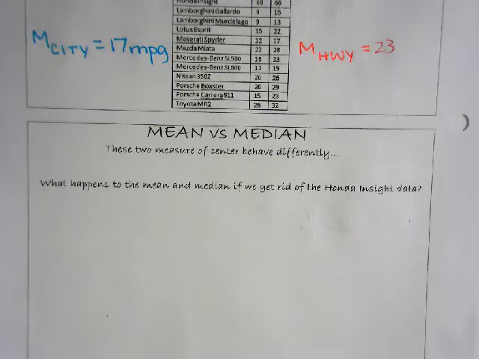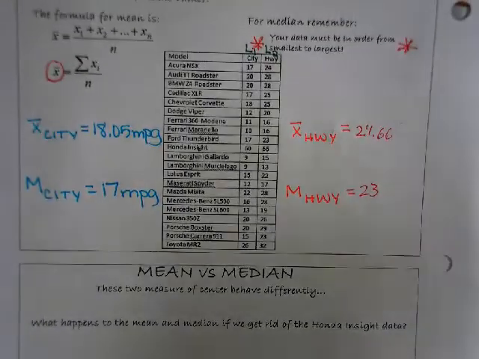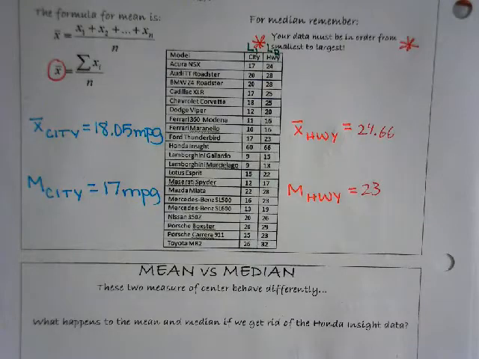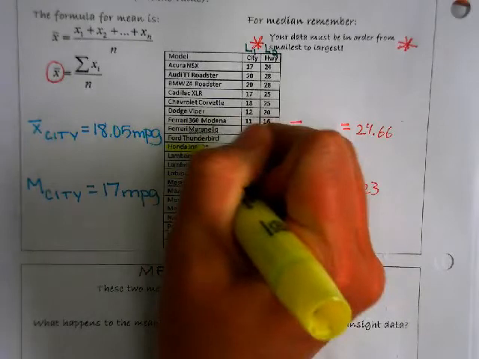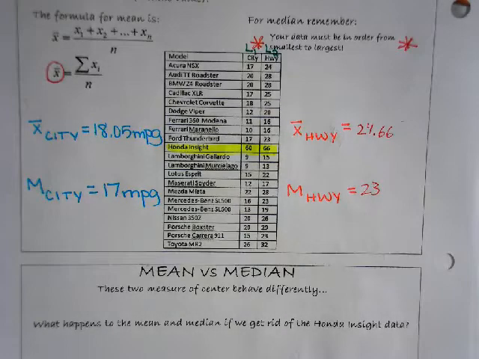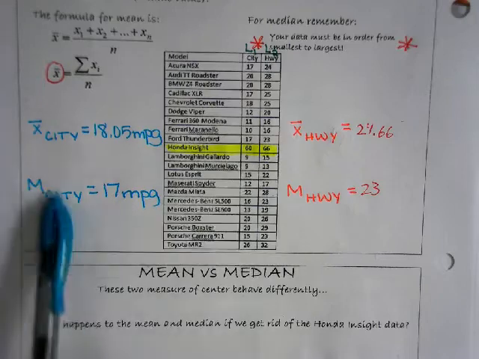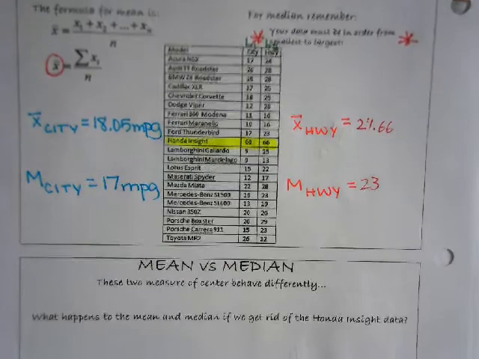You probably noticed the Honda Insight is a little different than the rest of the miles per gallon. So I'm going to show you again with city data, then you guys get to practice with the highway data. So we're going to see what happens when we get rid of what appears to be an outlier.